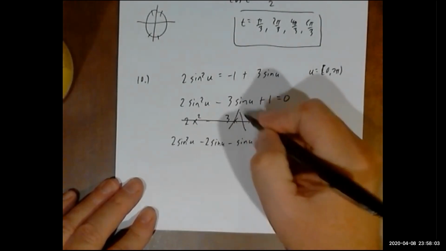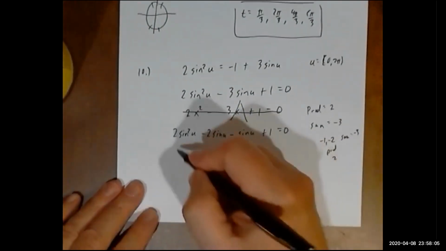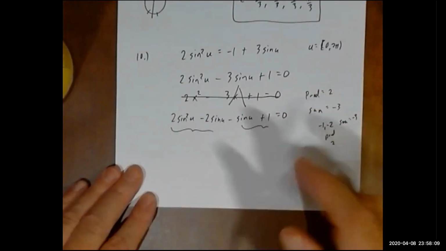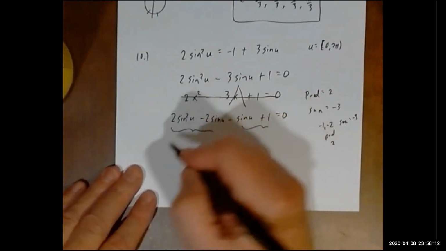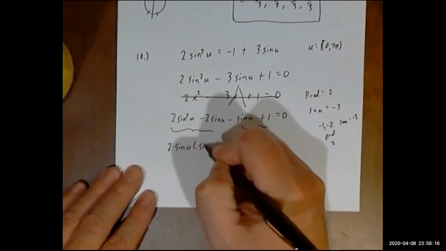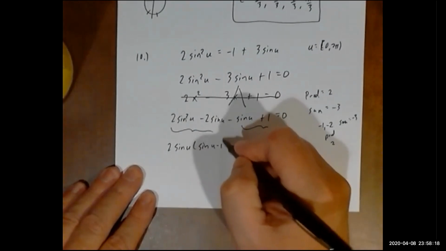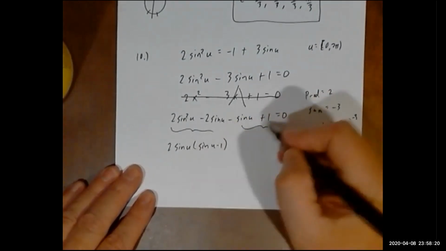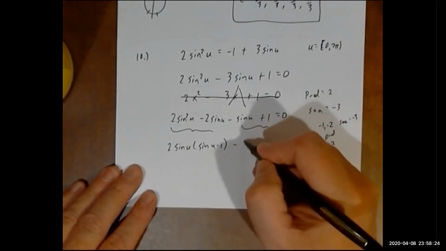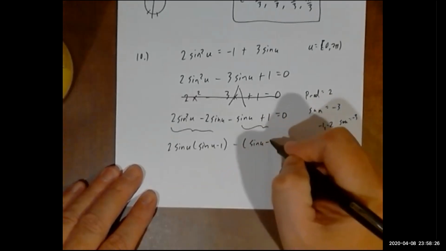So it's like this thing gets broken up. And now, you know what we call factor by grouping. I take these first two terms. The common factor is 2 sine u minus 1. Here, there's no common factor. So I just subtract sine u minus 1.